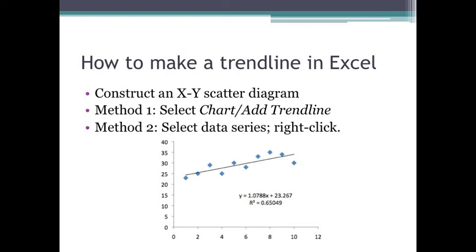You can select chart and then add trend line, or you can right-click on the data series. When you right-click, the option to add a trend line shows up, and there are options available, such as showing the formula, such as showing the r squared value, and we'll talk about r squared over the course of this lecture.